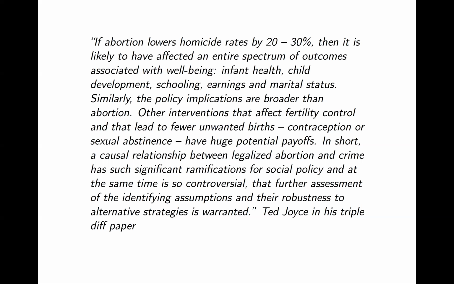Similarly, the policy implications are broader than abortion. Other interventions that affect fertility control and lead to fewer unwanted births, contraception, or sexual abstinence, have really big payoffs. In short, a causal relationship between legalized abortion and crime has such significant ramifications for social policy, and at the same time is so controversial, that we need more research on it.